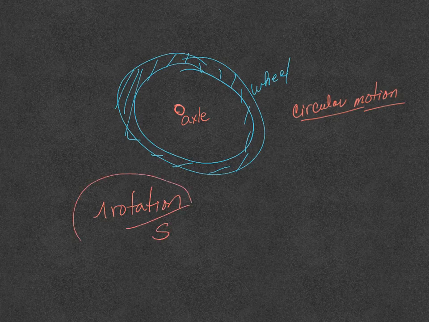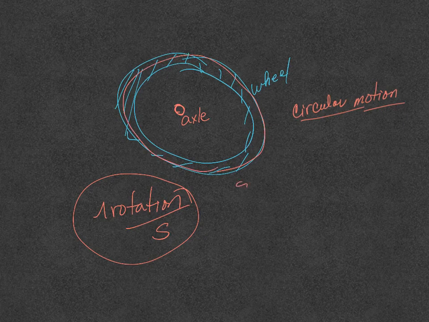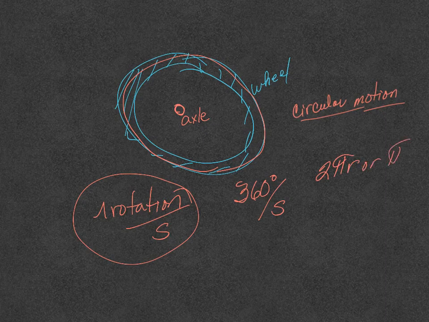What does that mean? That this wheel was rotating, covering 360 degrees, the entire circumference, in 1 second. So what is the linear distance? It is 2 pi r, or pi d, where d is the diameter of the wheel, in a second.